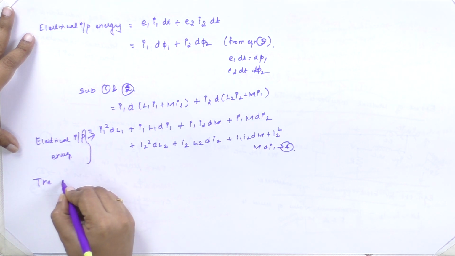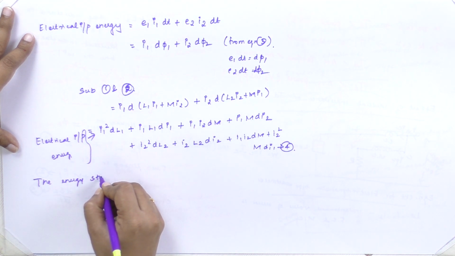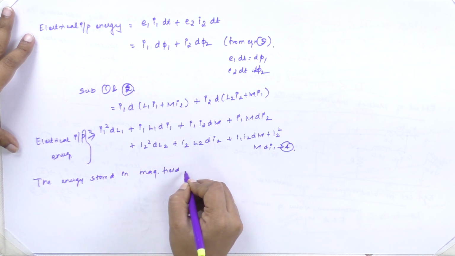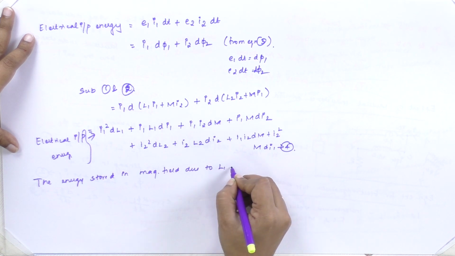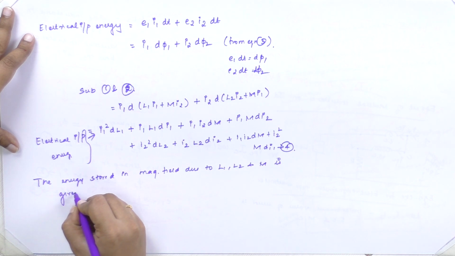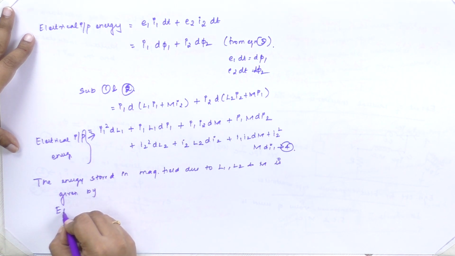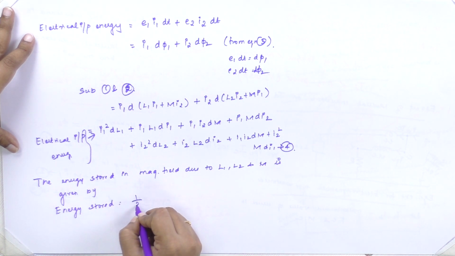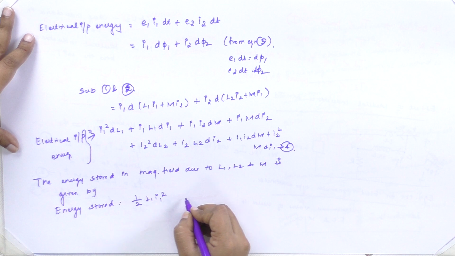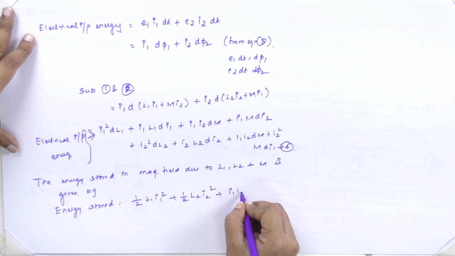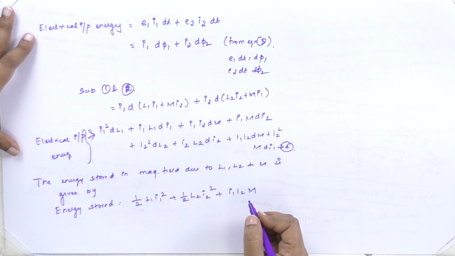Now the energy stored in the magnetic field due to the self-inductances L1, L2 and the mutual inductance is given by half L1 I1 square due to self-inductance L1, plus half L2 I2 square due to the self-inductance L2, plus I1 I2 into M, which is due to the mutual inductance.